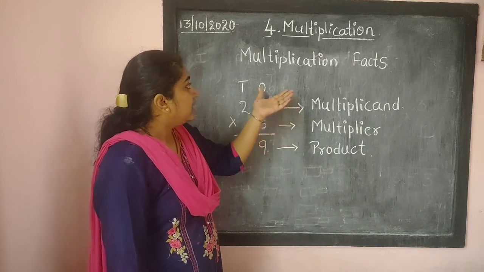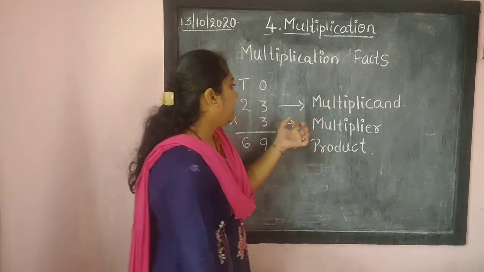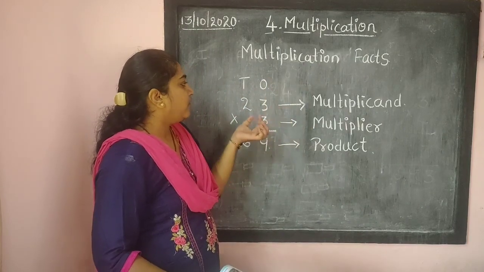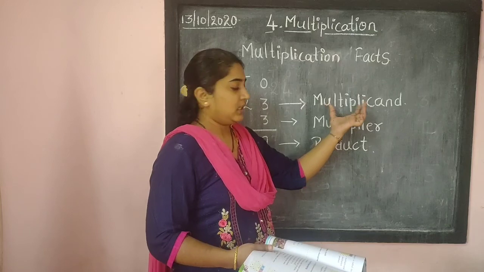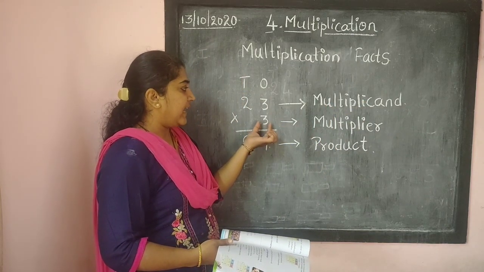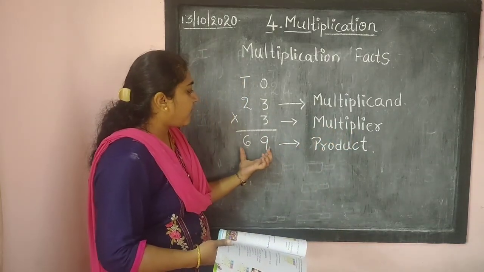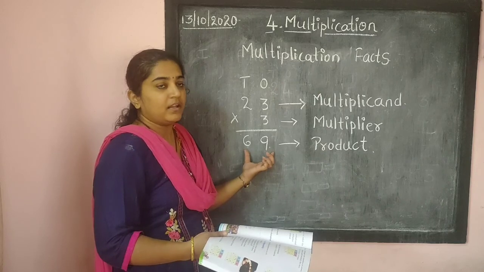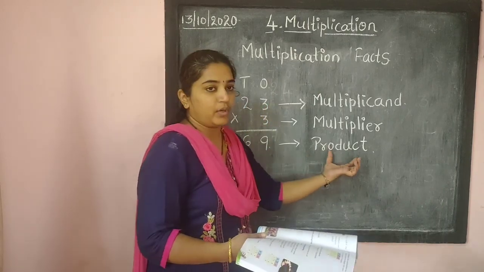So now this is the multiplication fact. See here, in multiplication, the number we multiply is called the multiplicand, and the number by which we are multiplying is called the multiplier. And the answer we get after multiplying, we call it the product.